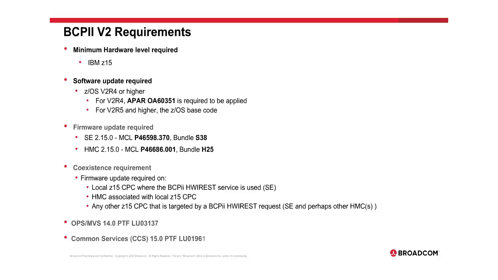For coexistence requirements, the firmware update must be done on a local z15 CPC where the BCPII HWIREST service is used, the HMC associated with the local z15, and any other z15 CPC that is targeted by a BCPII HWIREST request.